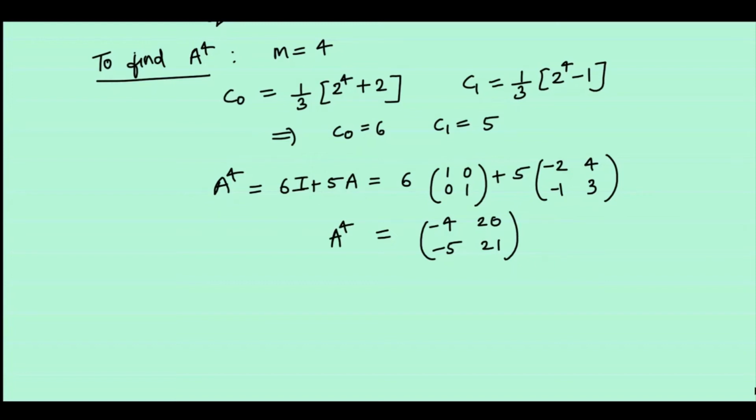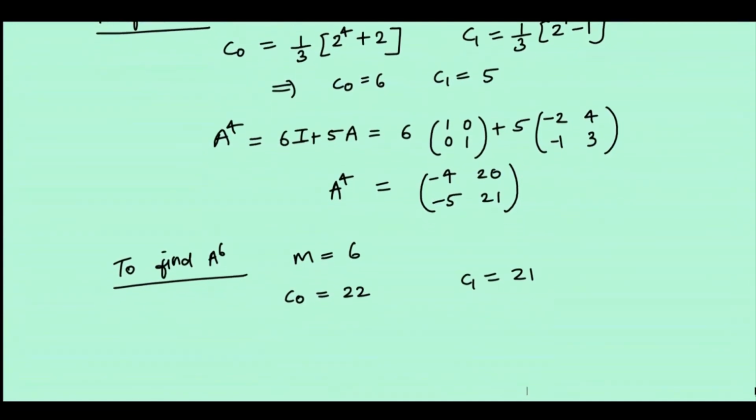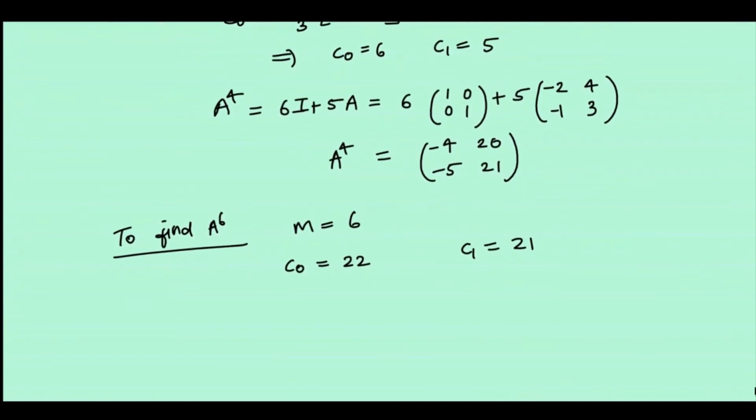Similarly, if we want to find A raised to 6, we have to put m equal to 6. In the same way, we will get C0 equal to 22 and C1 equal to 21. So A raised to 6 is equal to 22I plus 21A.